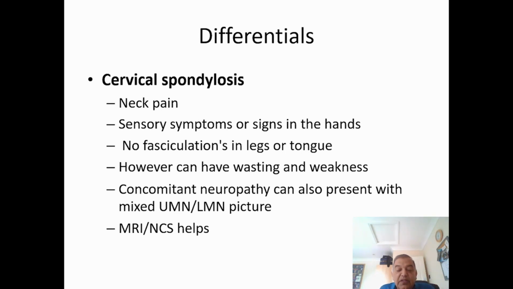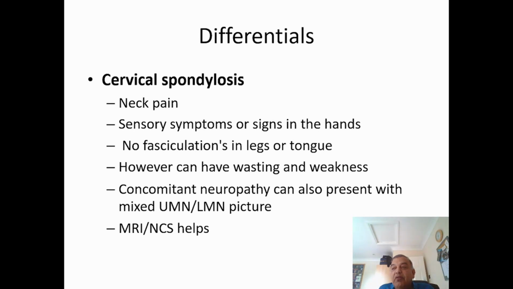For cervical spondylosis, generally patients will present with neck pain. There will be some sensory symptoms. There will be no fasciculations in the tongue or the legs, as it will generally be a radiculopathy, which will cause the lower motor neuron symptoms in the distribution of the root. A concomitant neuropathy can be present with an upper motor, lower motor neuron picture.